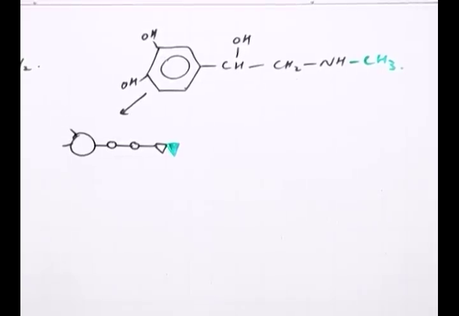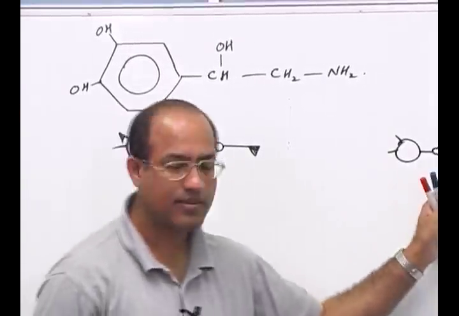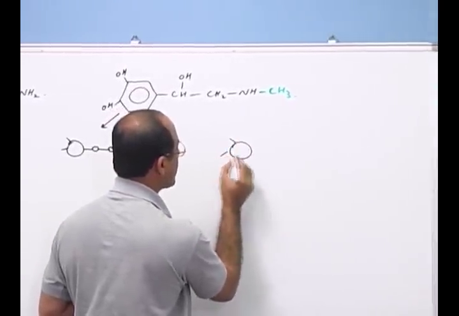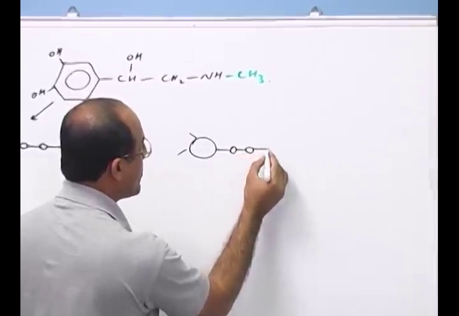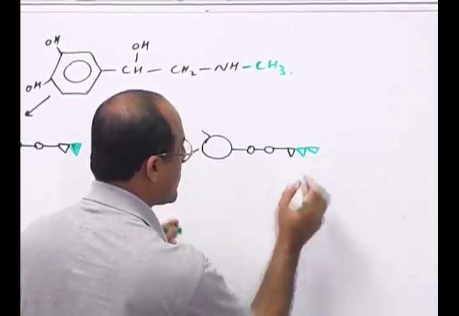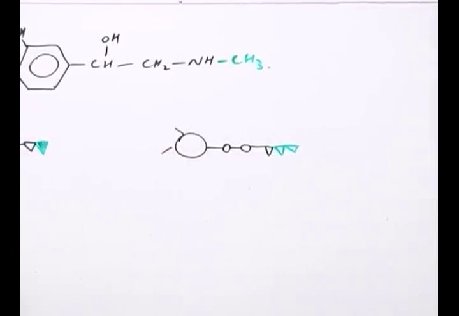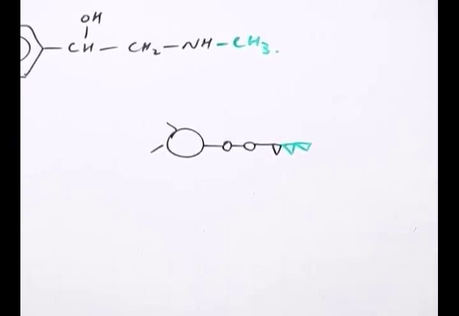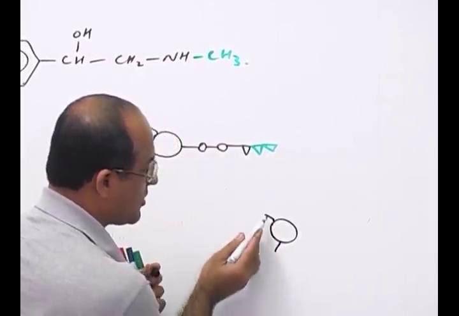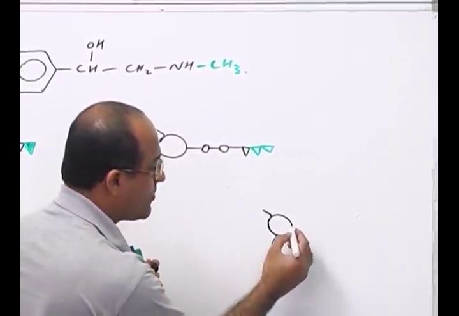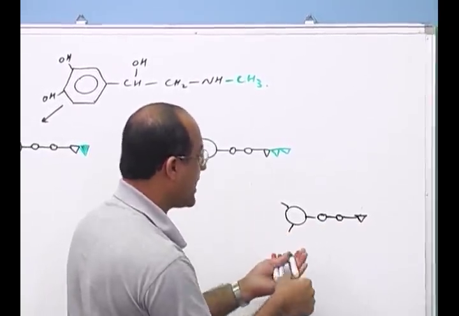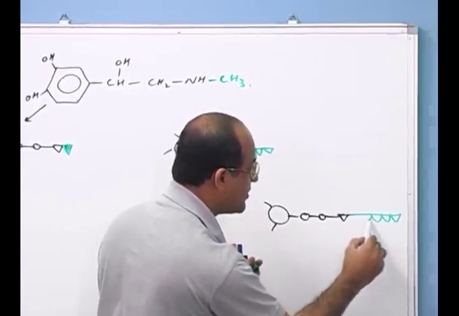So what is this? Norepinephrine. And what is it? Epinephrine. And if I make one more structure here, what is this? Isoprenaline. And if I do some more modifications, it is no longer 3,4 but 3,5, with two carbons and an amino group, and I've made this end very, very heavy.